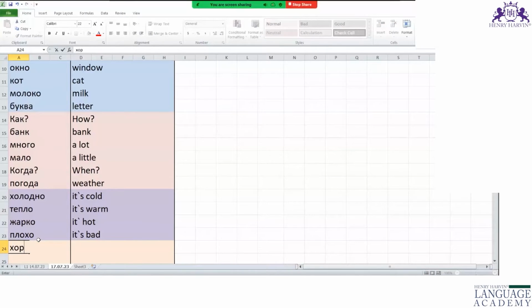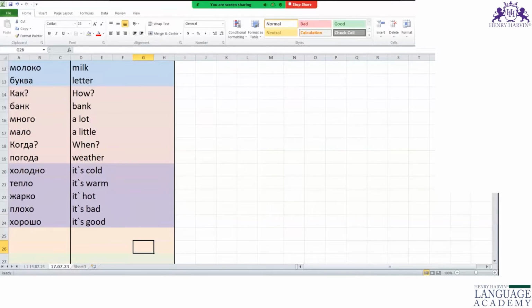Okay. Плохо, and we can also say opposite to плохо is хорошо. And we can also say как дела? Хорошо. It's good. Хорошо means good and fine and all right. For example, I say, please do this homework, and you say хорошо. It's okay, fine, all right. Хорошо has so many meanings. And also it means well.